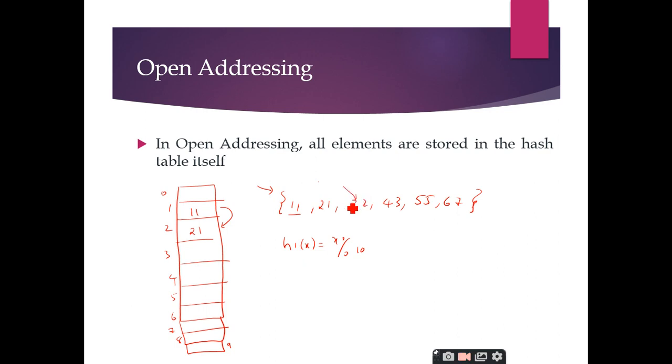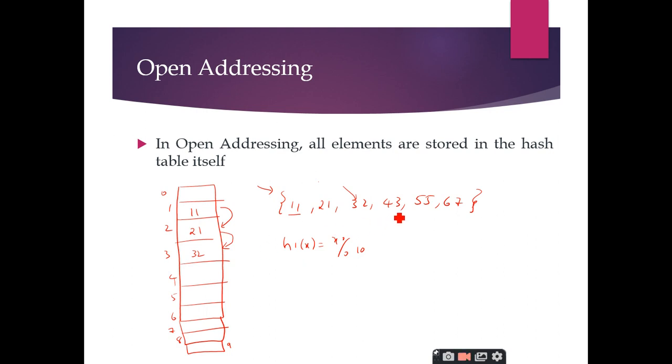Now go to the third one. What is the key? It is 2. But location 2 is already occupied. Therefore, according to linear probing, you search for the next element, and if it is vacant, you just insert it.